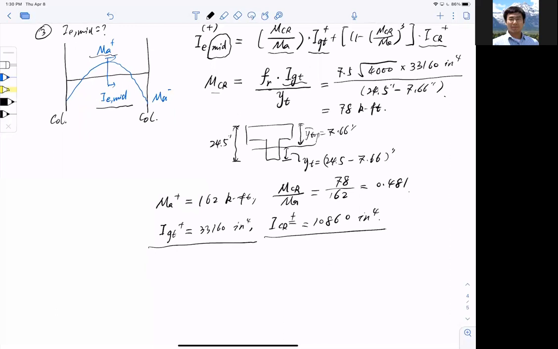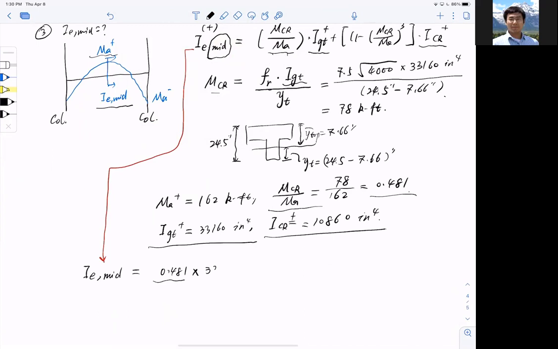And I can plug into my equation, which is this equation here. So let me rewrite it. IE middle span would equal, first, MCR over MA, that is 0.481, multiplied by IGT, which is 33160 inch to the power 4, plus 1 minus 0.481 to the power of 3, bracket outside, multiplied by ICR positive, which is 10860 inch to the power 4.